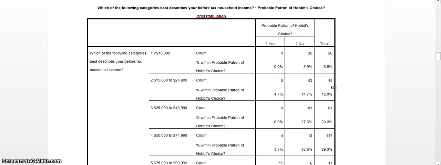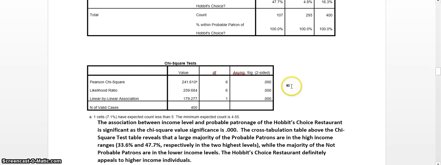Now the cross tabulation here is talking about the probability, not the likelihood. If you look at the variables in there, and we did it in the previous assignments, those are 2 different variables, so you have to make sure that the wording is correct. In this case, we have to first report the chi-square.